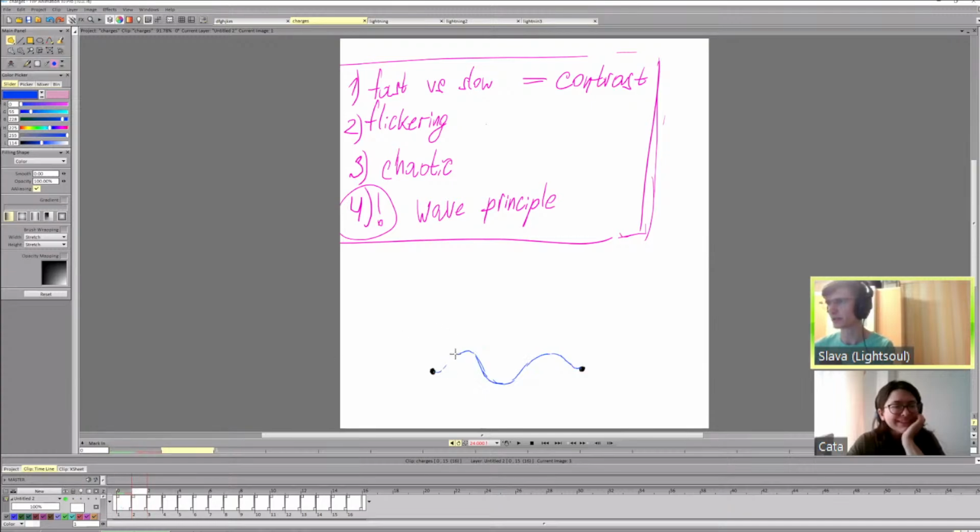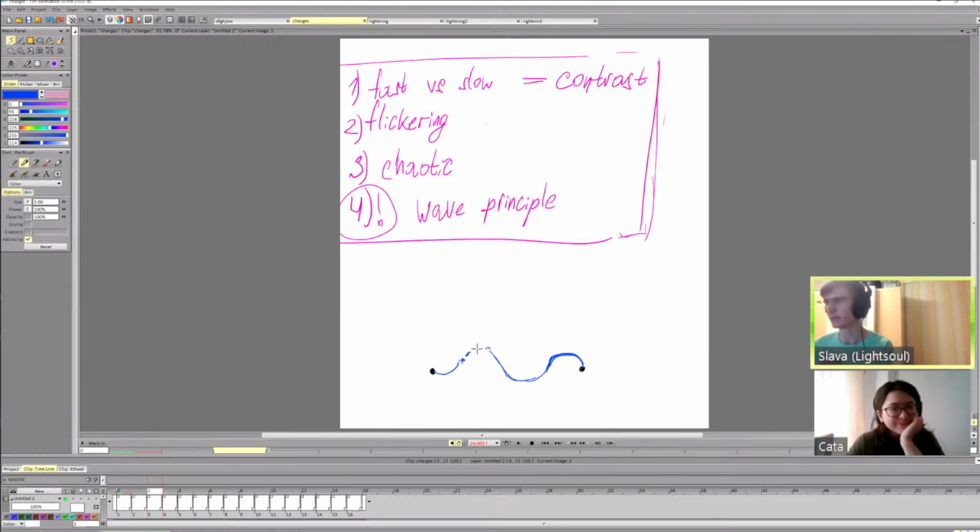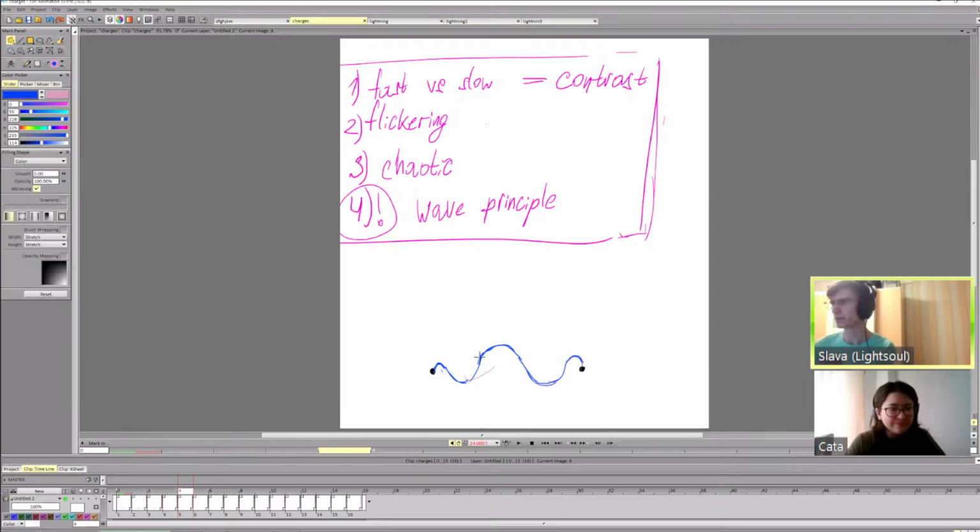So something like this. Maybe we can add some fun transitions like that. Maybe we can break it up a bit and add some thick parts where the form goes much bolder, much more visibly. We can make some shapes that are very broken up.